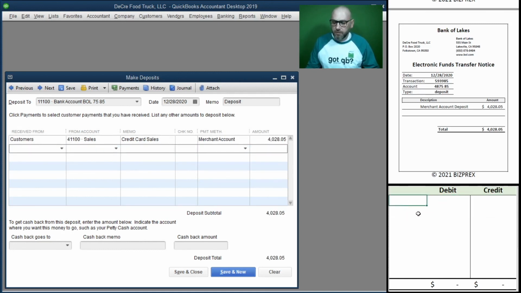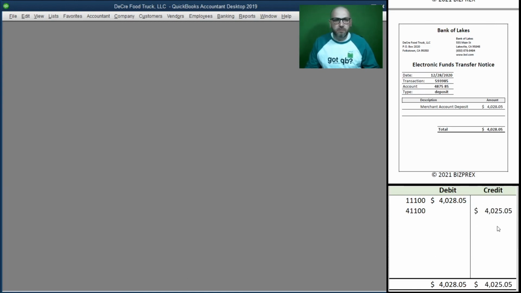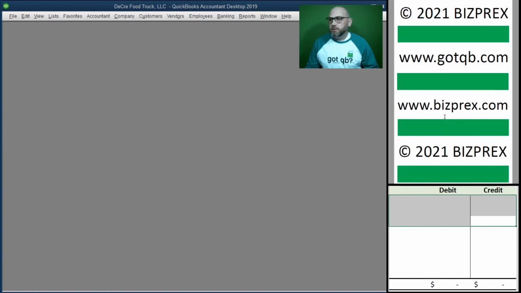Again, we know that our bank account balance will go up, thus we can easily debit that one. And we know that our sales, because that's the source of that cash, they'll go up as well. So here we are, debits and credits are in balance, save and close. Alright, we're good, and we completed booking essentially everything for December in live mode.